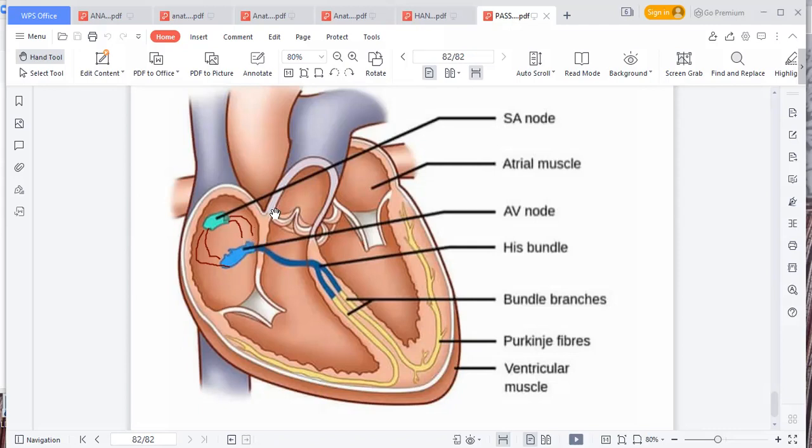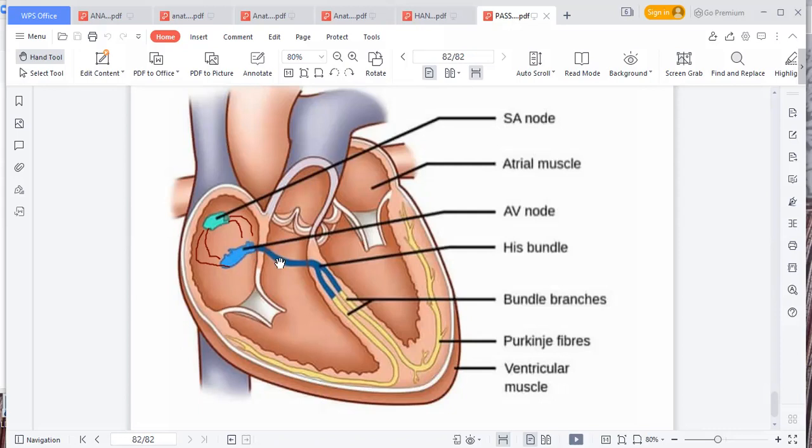They say that when the SA node is not functioning, the AV node can provide a compensatory mechanism by doing the same thing, but the SA node produces more action potential than the AV node. Most of the time when they say the heart is malfunctioning, it means these nodes are not producing the action potential, and the heart is not contracting, because for the muscle to contract, you need the action potential.